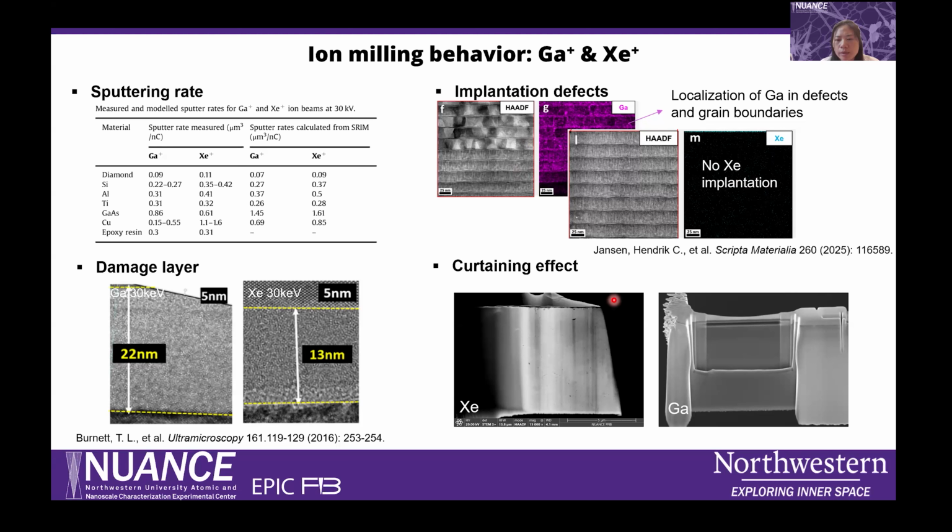But the advantage of the gallium is its smaller beam size, so we can make a very thin and very clean surface of the lamella, compared to the many curtaining effects which come from the xenon source. So that's why it's necessary to have a gallium FIB.